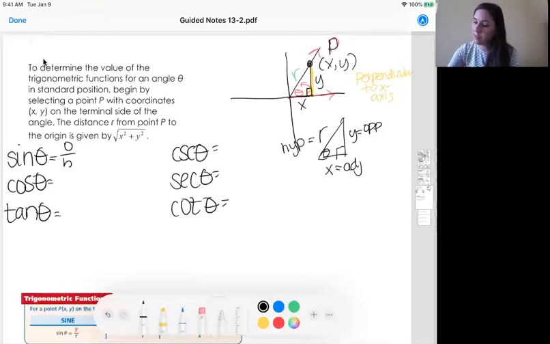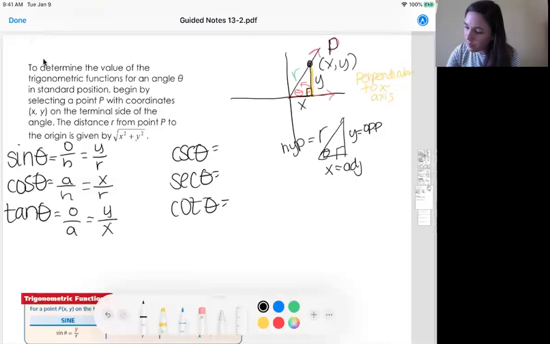So our opposite is y, our hypotenuse is r. Cosine is adjacent over hypotenuse, so it's x over r. Our tangent is opposite over adjacent, so that's y over x.